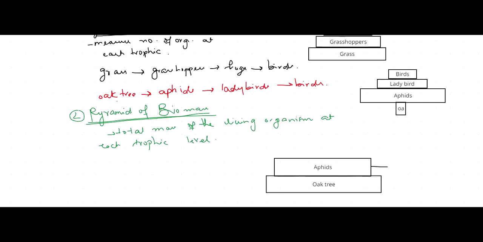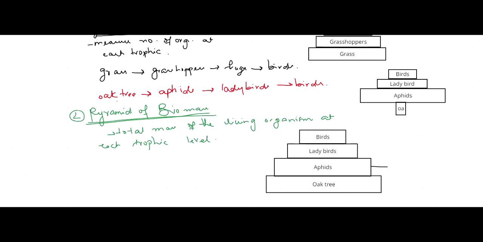The ladybirds are going to have even less mass, even though they're bigger, because their numbers are much smaller. And the birds are going to be the least in number, so when we add the mass of all the birds, we will get a smaller mass, right? So the mass of the oak tree is going to be the greatest.